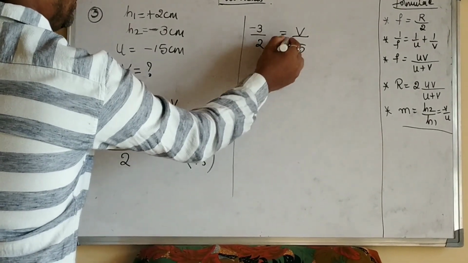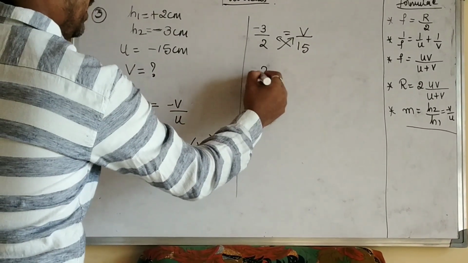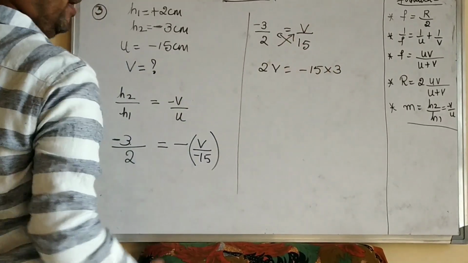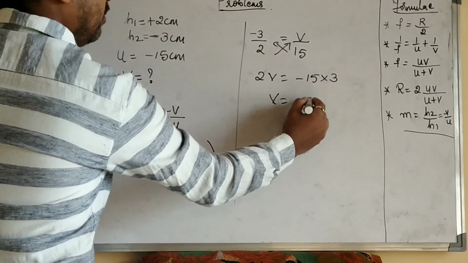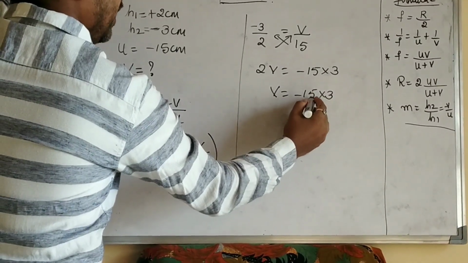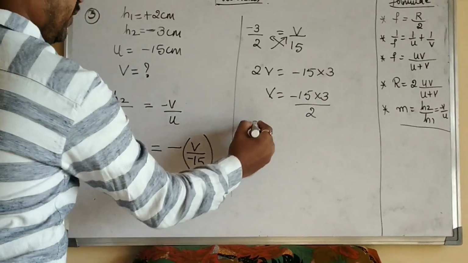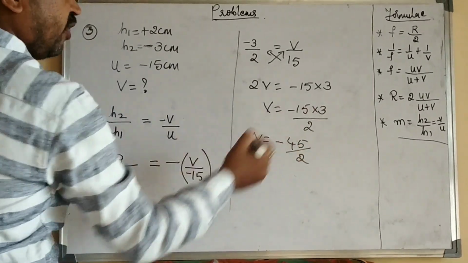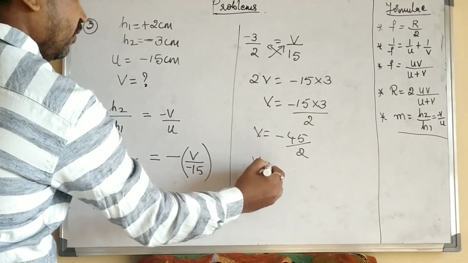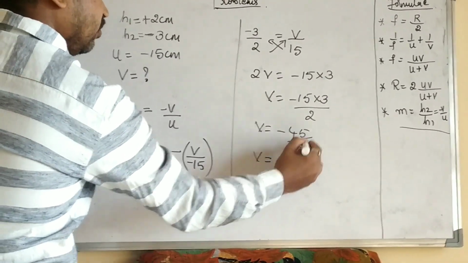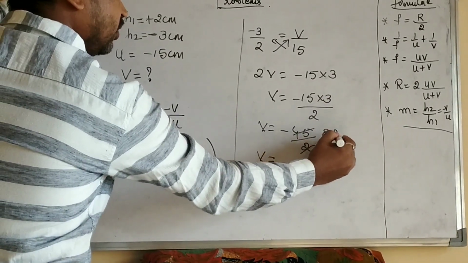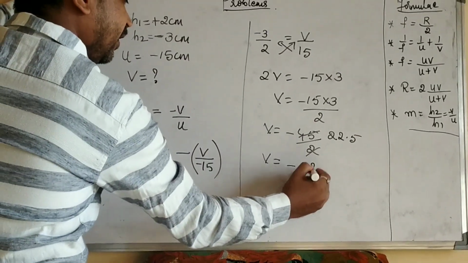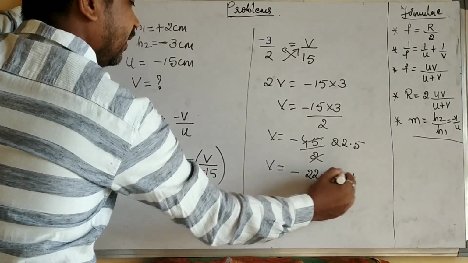Now cross multiply it. What you will get: 2 times v is equal to minus 15 into 3, or v is equal to minus 15 into 3 divided by 2, or v is equal to minus 45 by 2. 15 threes are 45, divided by 2, so v is equal to minus 22.5 centimeter.